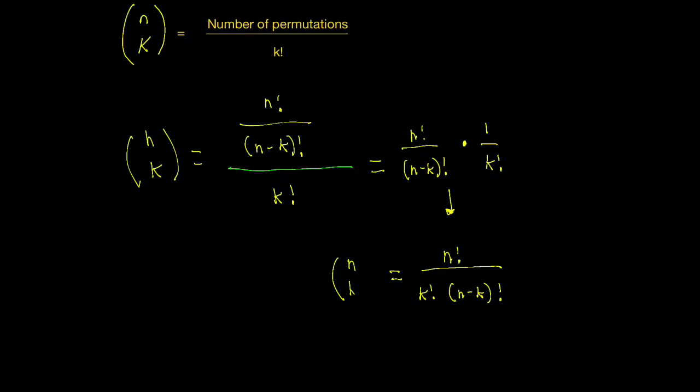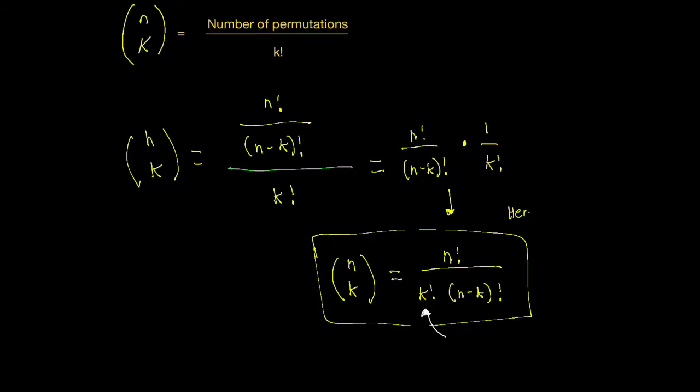The combination formula n choose k is equal to n factorial divided by k factorial multiplied by n minus k factorial, with again this k factorial being the quantity that's going to eliminate all possible repetitions. So just to point out again and to reiterate, order does not matter.